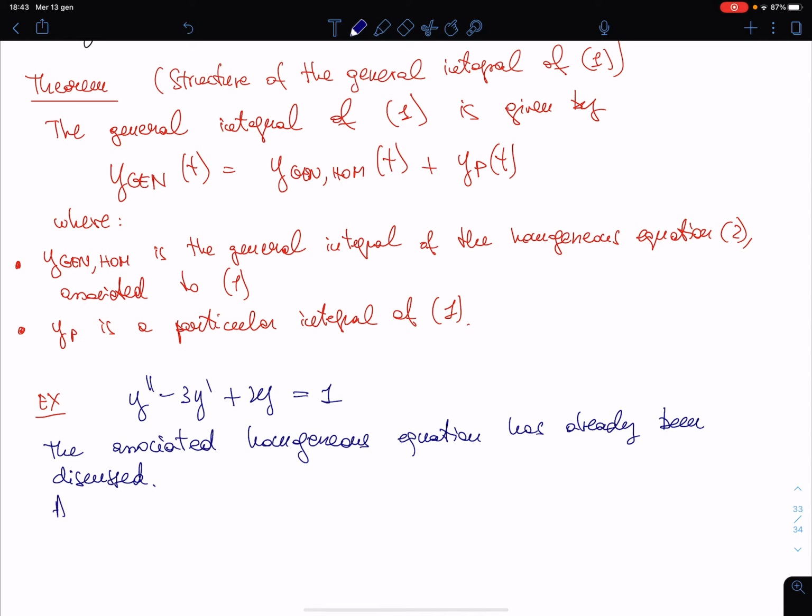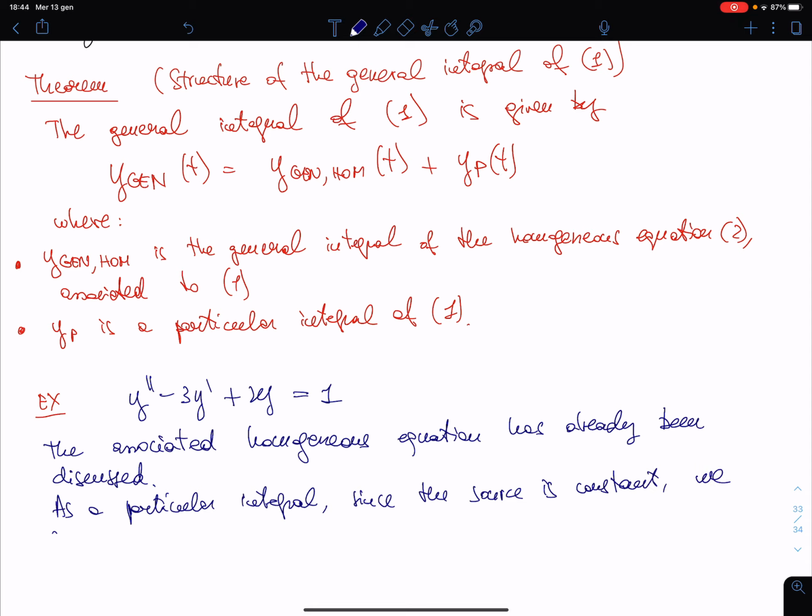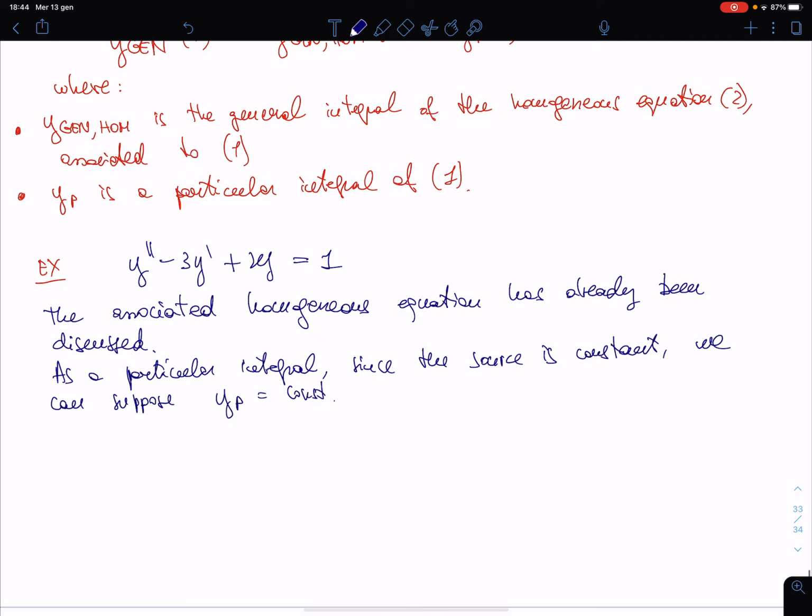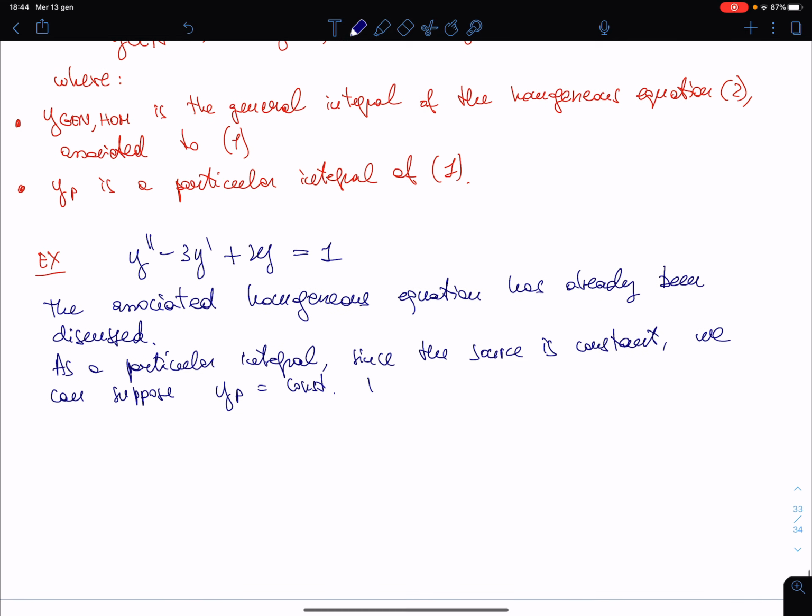And as a particular integral, this is easy, because since the source is constant, you can try yp equal to constant, and then you have y second, which is equal to 0, minus 3y prime, which is equal to 0, plus 2yp.